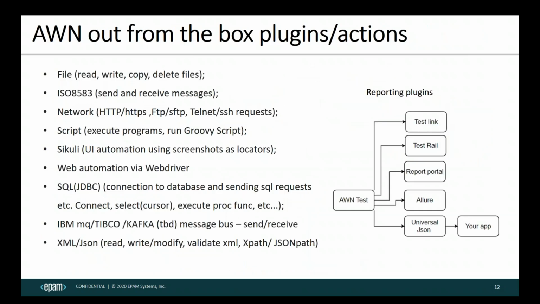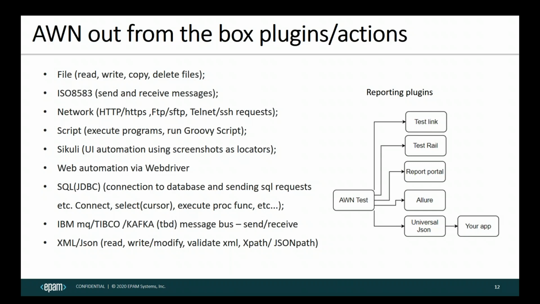Here's a short list of our plugins. We have, as you can see, different file operations and network protocols. For some workarounds or shortcuts, you can use a Groovy script as a part of a test, or an SQL request with cursor, and messaging systems for middleware like IBM MQ, Tibco, Kafka, and so on.